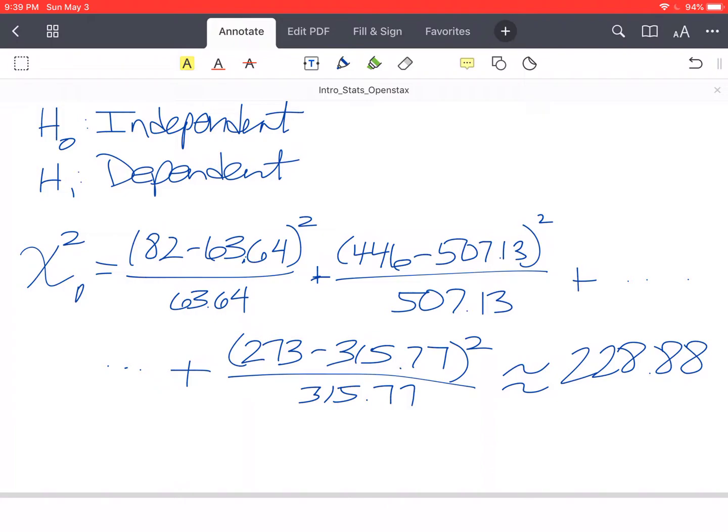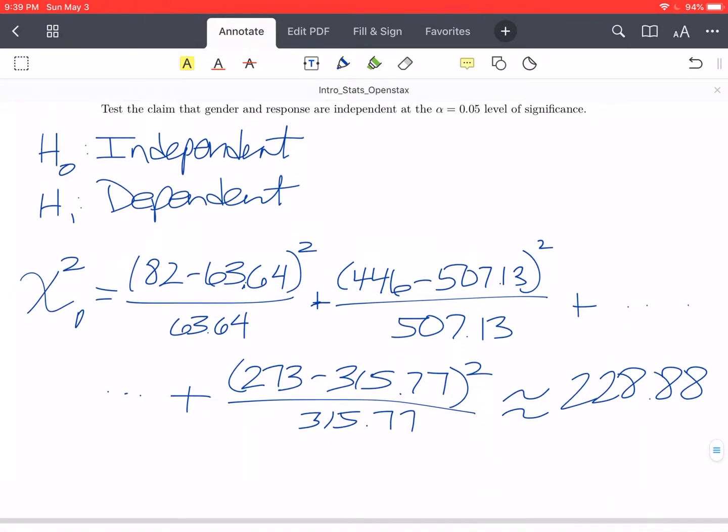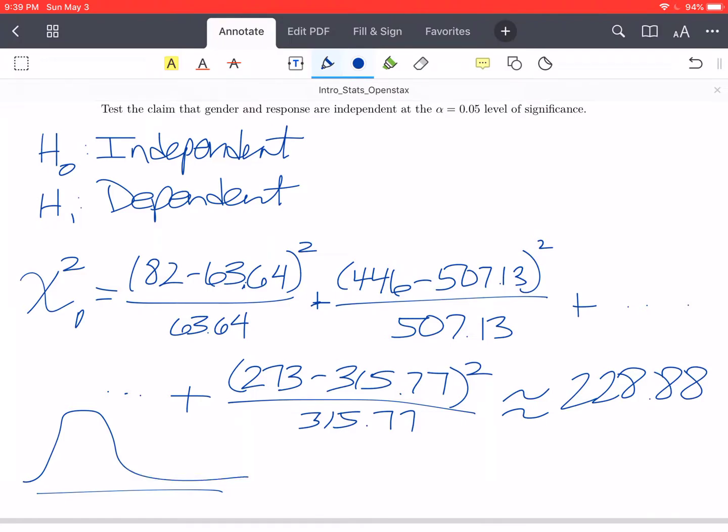Now, what does this tell us? Using the classical approach, we need to determine what our critical value is. We have our chi-square graph here. There's going to be some value that is chi-squared sub alpha, and we need to determine if the test statistic lies inside this critical region or outside of it.